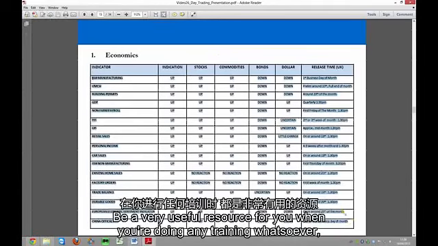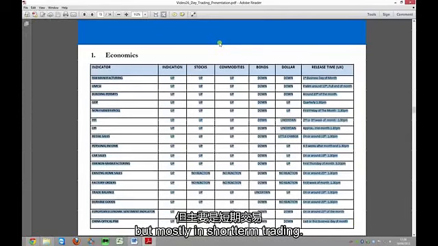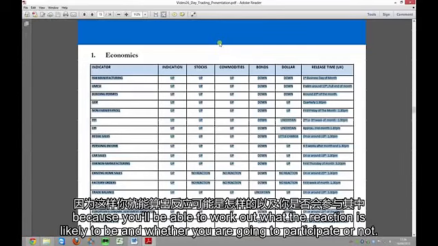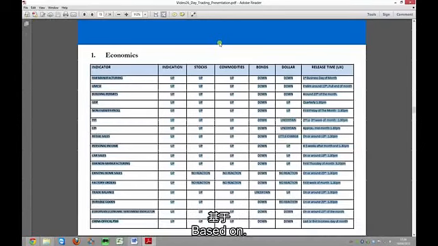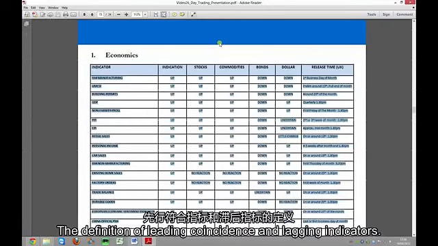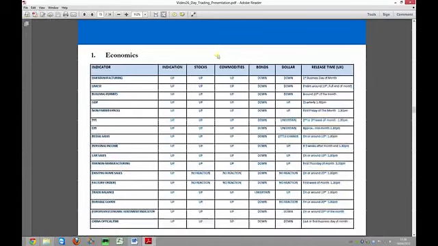It'll be a very useful resource for you when you're doing any trading whatsoever, but mostly in short-term trading, because you'll be able to work out what the reaction is likely to be and whether you're going to participate or not based on the definition of leading, coincident and lagging indicators.